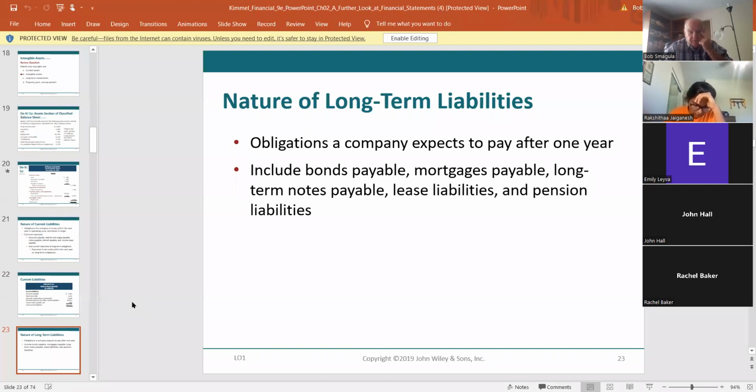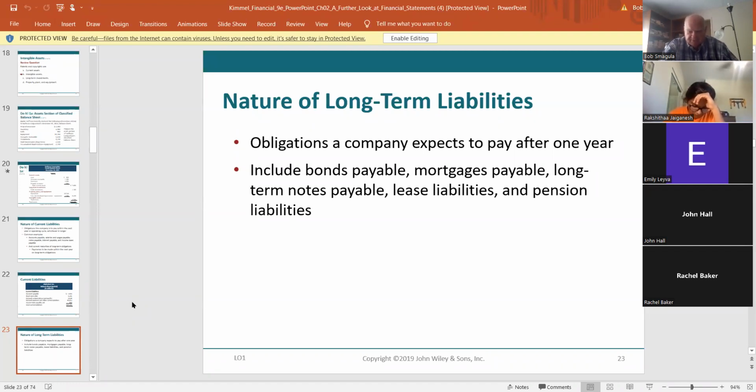Long-term liabilities, well, you don't have to pay these for over a year, okay? So let's see what we've got going here. Bonds payable, mortgage payable, long-term. Lease liabilities, that's a good one. You might lease a machine for the next 5 years. Pension liabilities, pension. Right now, I collect a pension from where I used to work.